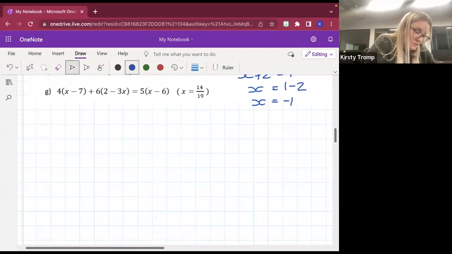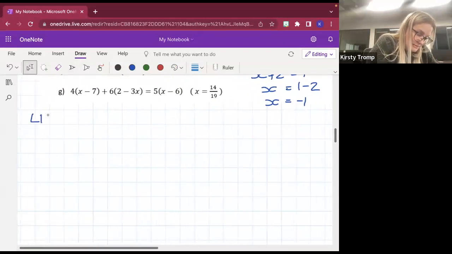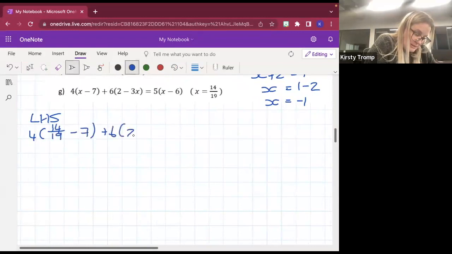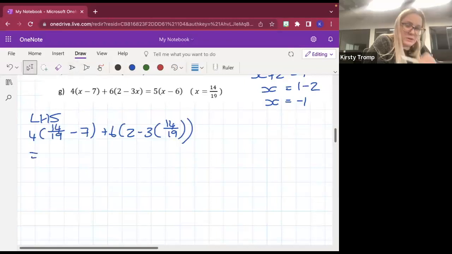For G, again, I've got a fraction. On my left-hand side, I've got 4, open brackets, 14 over 19 minus 7 plus 6, 2 minus 3, 14 over 19, close bracket, equals.